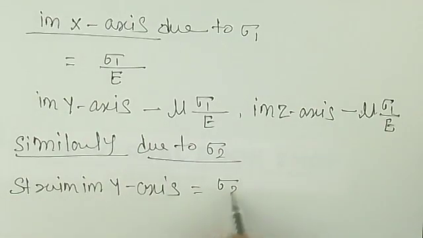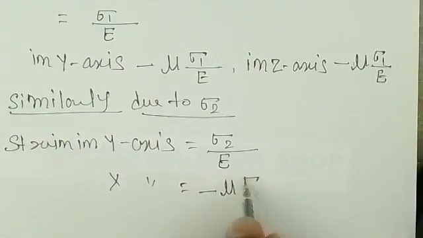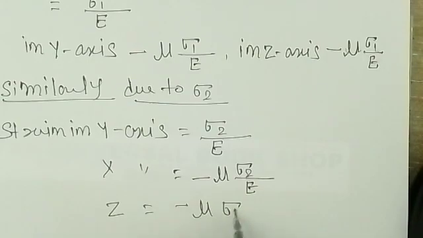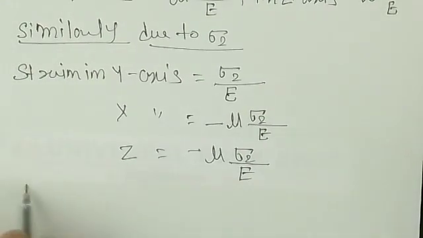That is sigma 2 by E, that is longitudinal, but in x axis it is what? Minus mu times of sigma 2 by E, and on z axis it is the minus mu times of sigma 2 by E, right?